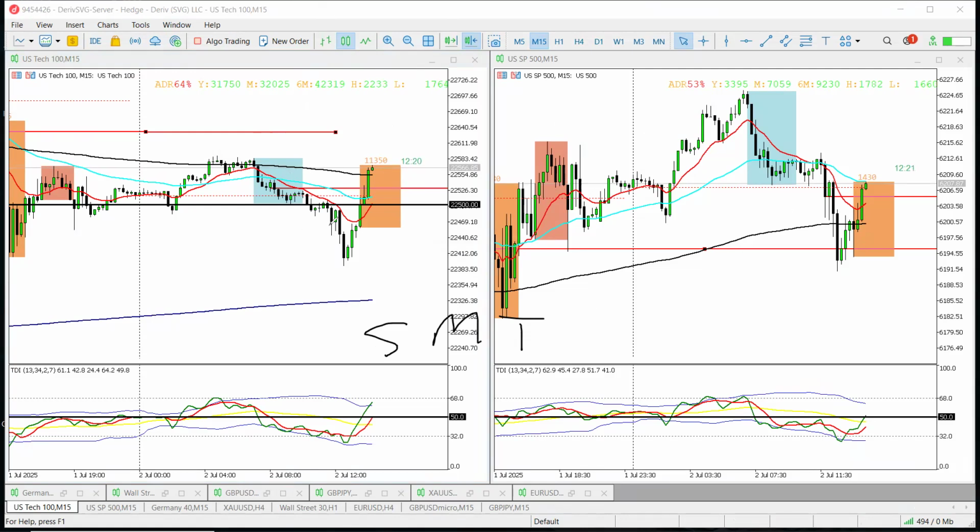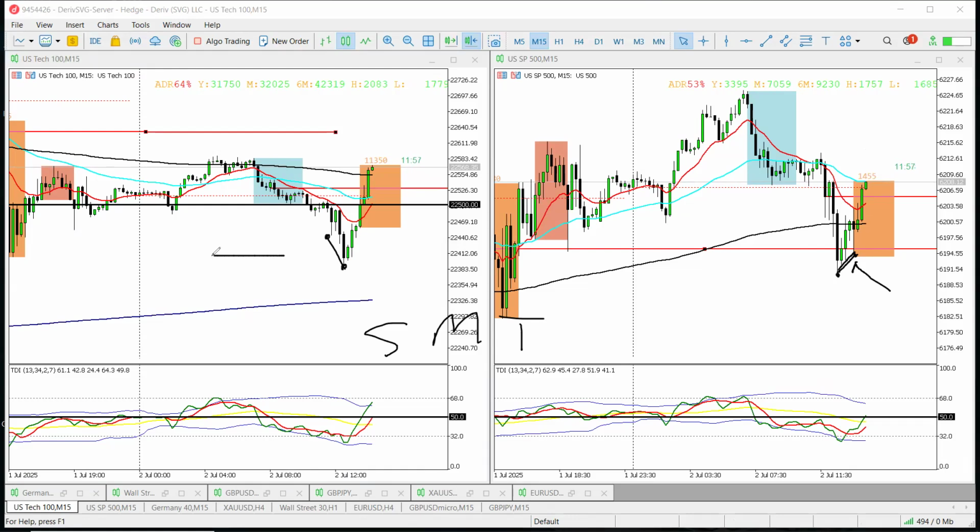But the main thing I look for between Nasdaq and US 500, excuse me, is the divergence on the charts. So if you notice here, we had a lower low here and a higher low. Then on this particular price action, we had a low here and a lower low here. So that's a bit of a divergence setup which we had.